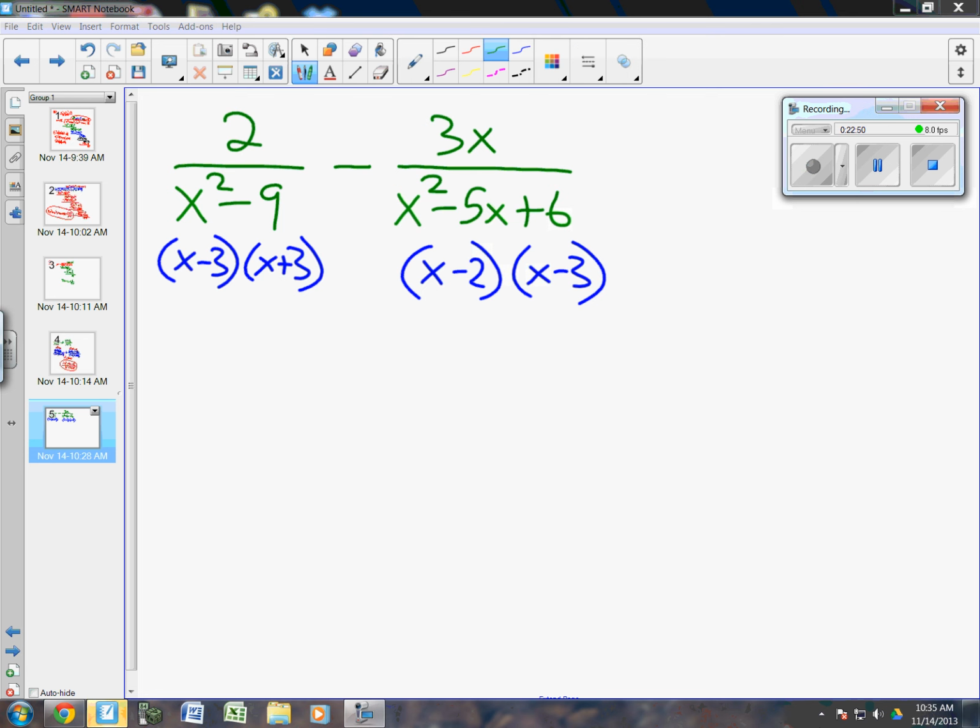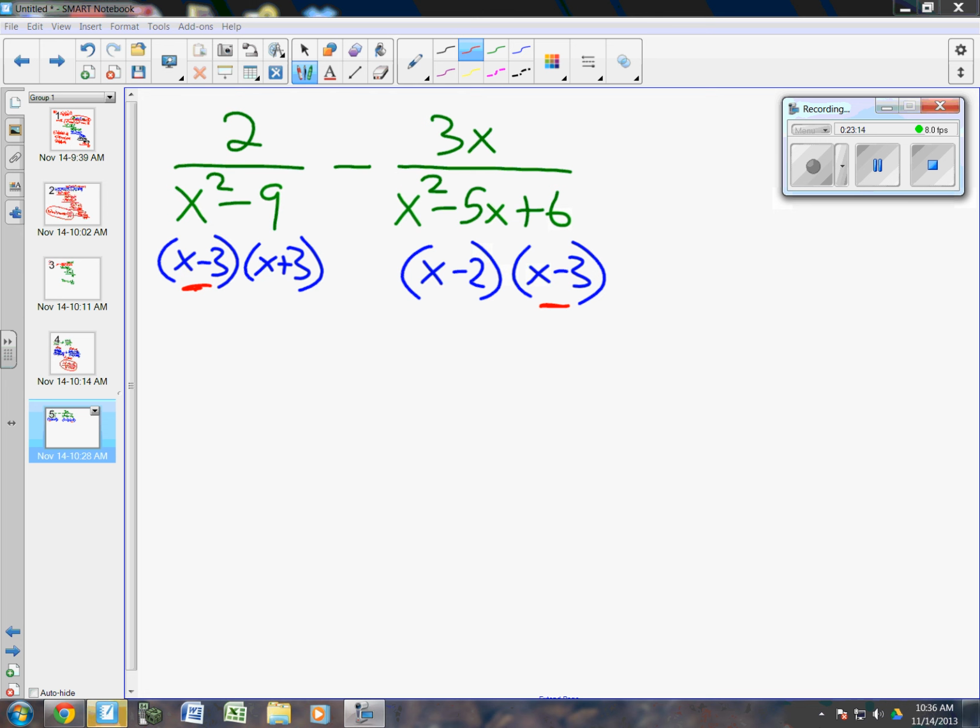Okay, you guys, if you look at this now, the factor that we're missing on the left side that we need to have is x minus 2, because our factors are x minus 3, x plus 3, and x minus 2. Notice that x minus 3 is in both denominators. Okay? They don't cancel out.